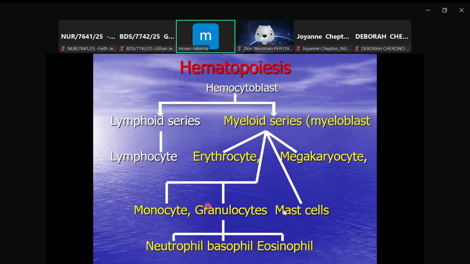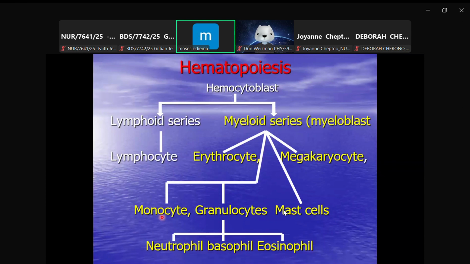So we start with a cell that is pluripotential, a hematopoietic stem cell, which can differentiate into various types of cells. Differentiation is in various stages.